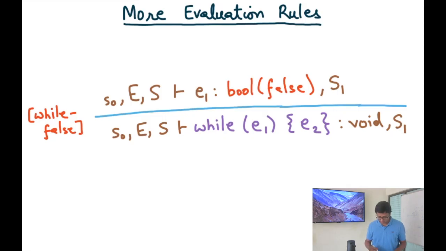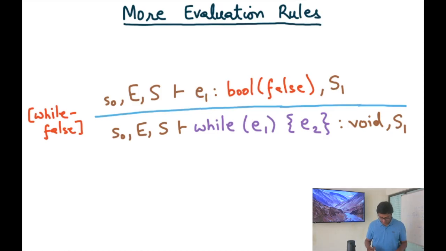This is basically saying that, when you evaluate this expression, you first evaluate E1, and if E1 evaluated to false, then you just ignore E2 altogether, right? And that's the whole idea. And the result of evaluating this expression would be just void in terms of value and S1, which is in terms of the side effects store. And S1 is basically capturing the side effects that are induced by evaluating the condition E1 itself.